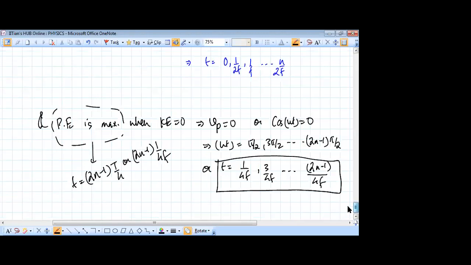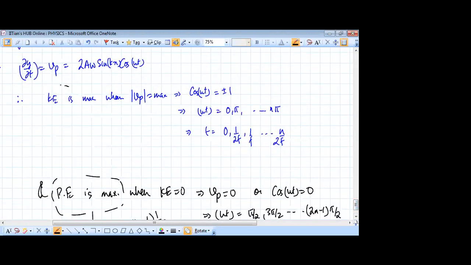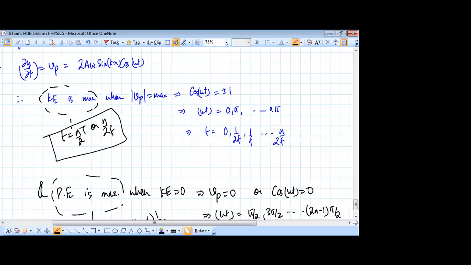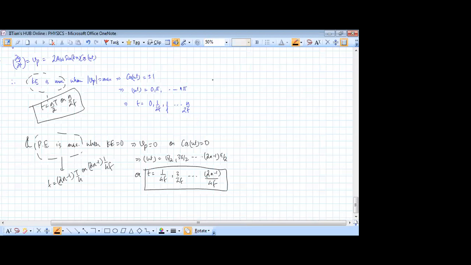Whereas the general formula of when kinetic energy is maximum is when t is n by 2 times capital T or n by 2f. Just make a quick note of this, then we'll discuss one more aspect of this energy before we move on to the next part, which is resonant modes and modal vibrations.